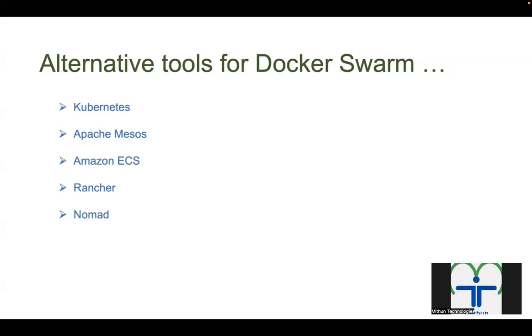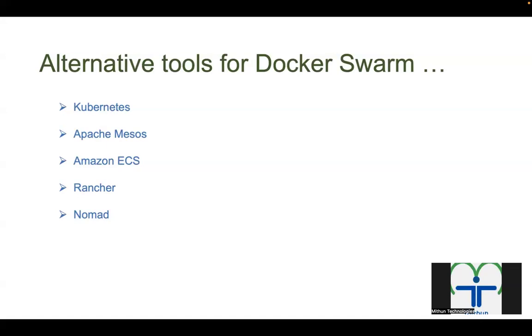So what are the Docker Swarm alternatives? Kubernetes, right? And Apache Mesos. Before going to Apache Mesos, Kubernetes is one of the most popular container orchestration tools. Nowadays, most of the guys are talking about Kubernetes.